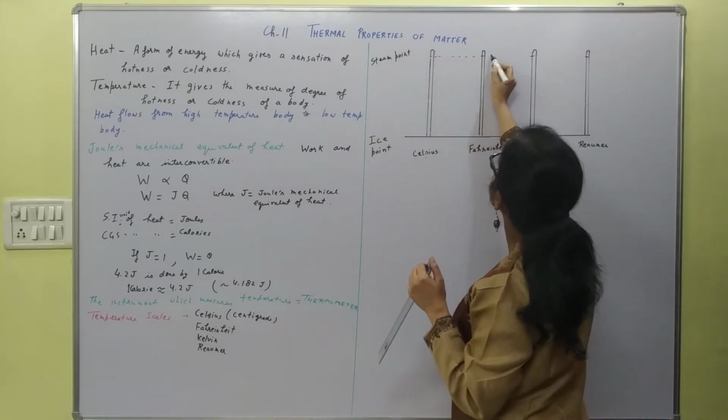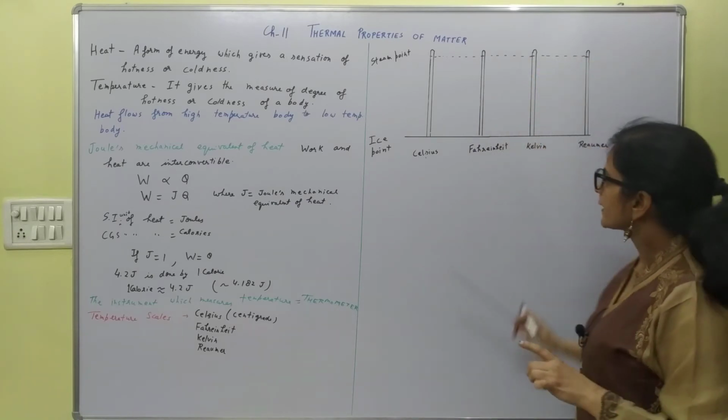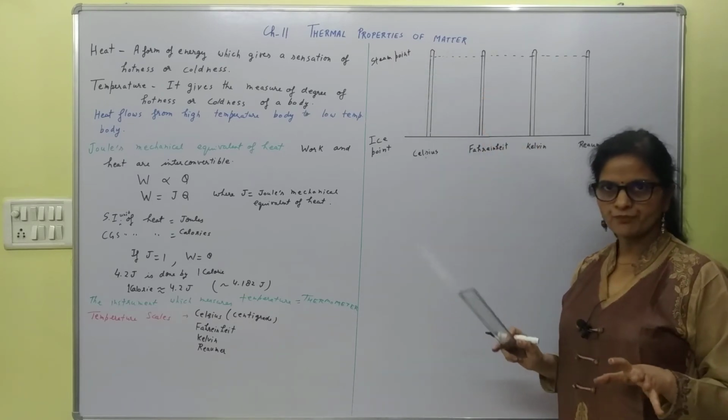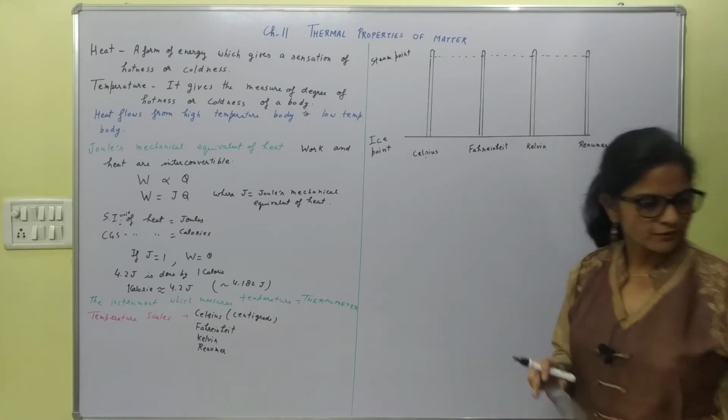So this is marked the same for all the scales, whichever unit we are measuring. If this is the ice point and this is the steam point, that point will remain the same. The numerical value will depend on which scale we are taking the reading in, right?